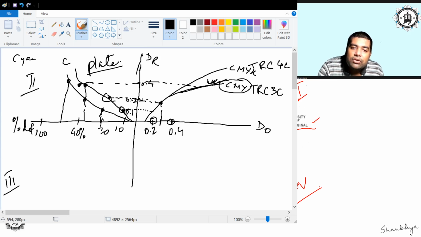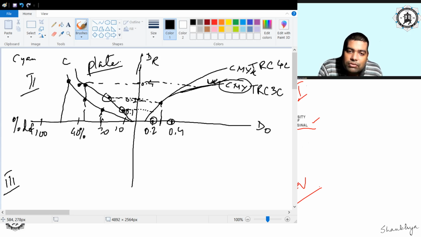In order to find out what dot percentage is required in your negative to reproduce a density area of 0.2 after printing, what dot percentage is required for 0.2 density, right?